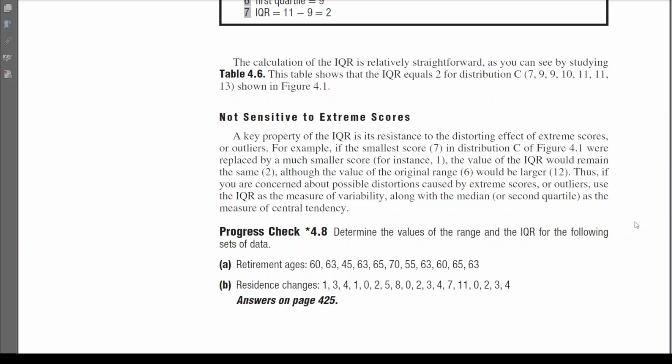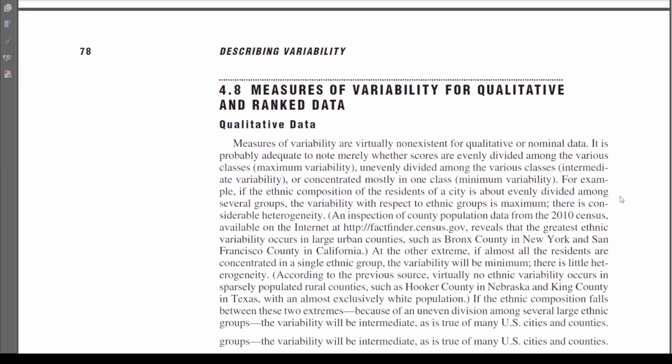Now, the interquartile range has a key property: it is resistant to the distorting effect of extreme scores or outliers. Because we are removing the top 25% and the bottom 25% of the observations, we are in effect getting rid of the extreme values or the outliers. Thus, if you are concerned about possible distortions caused by extreme scores or outliers, use the IQR as the measure of variability, along with the median as the measure of central tendency.